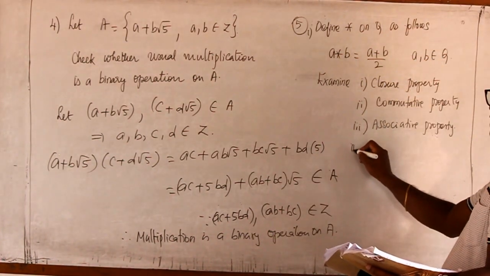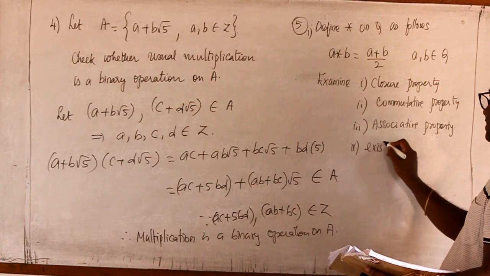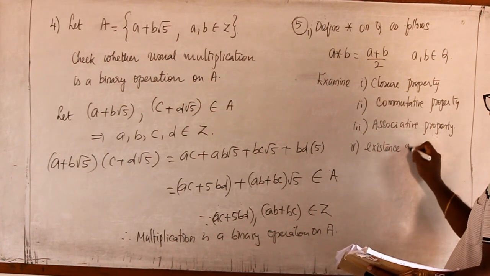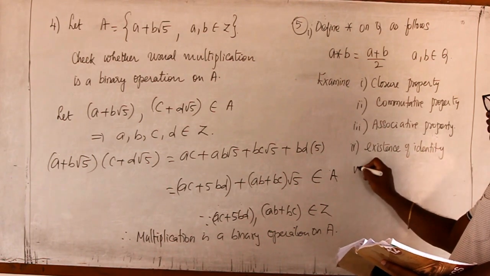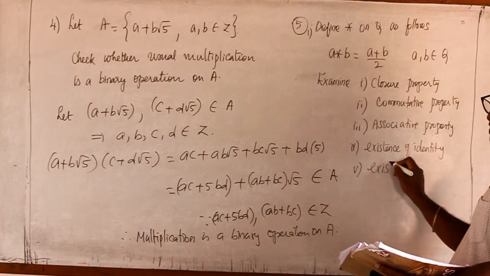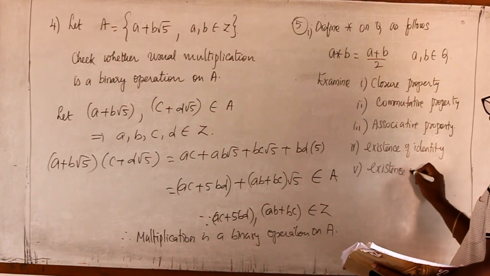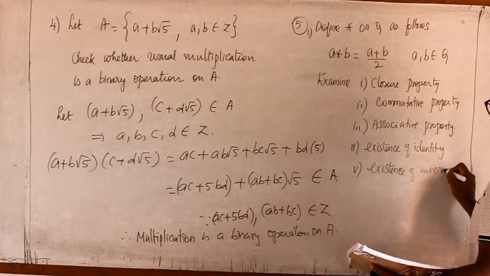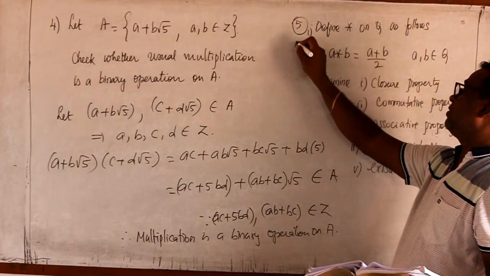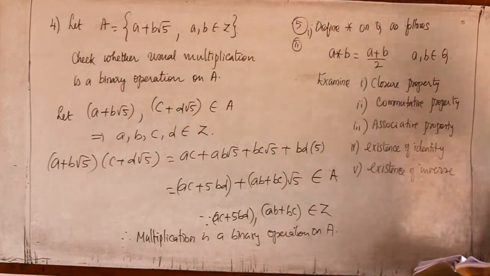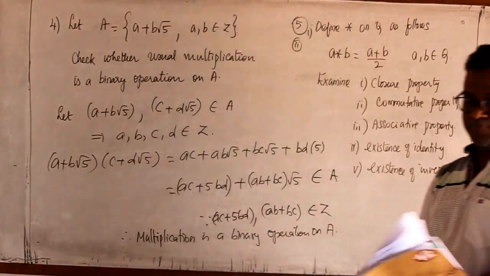So let me go for existence of identity, and also for existence of inverse. We shall check all these together, completing both 1 and 2 of the fifth problem.